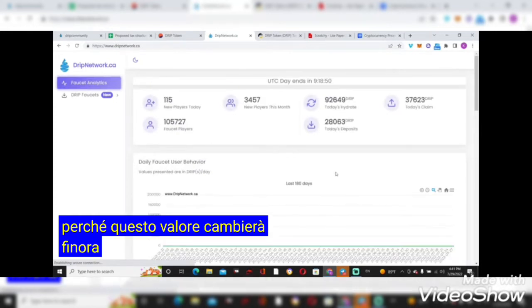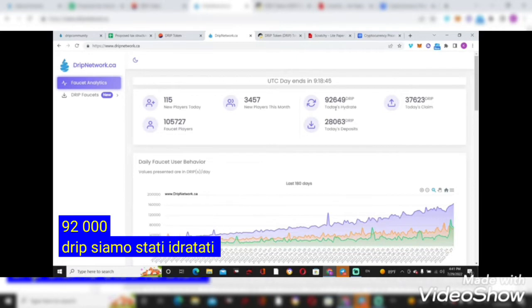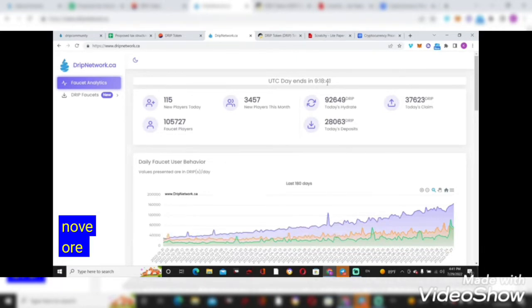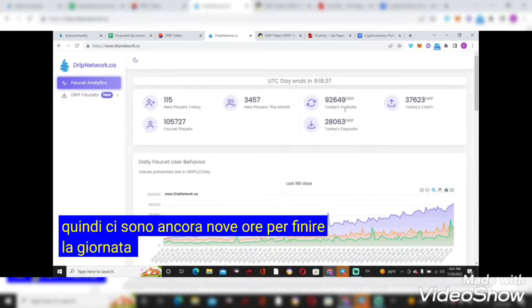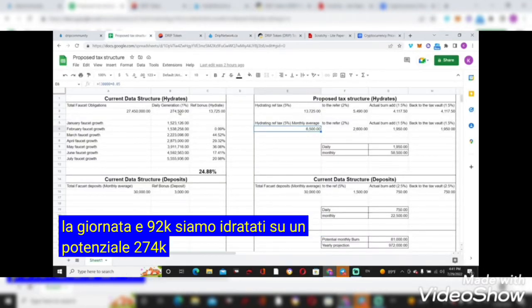So far 92,000 drip have been hydrated, and we're still 9 hours into the day. So there's still 9 hours to finish up the day, and 92k were hydrated out of a potential 274k.